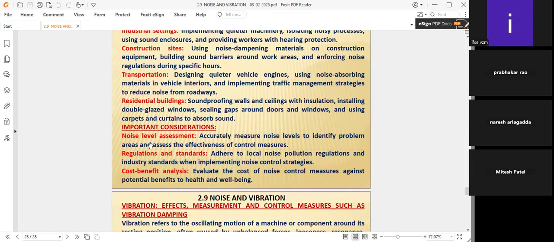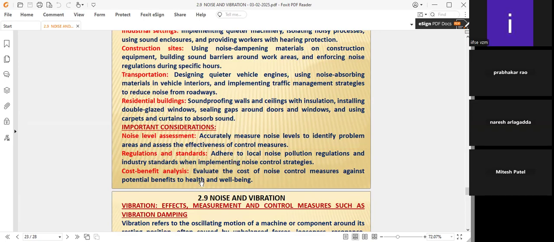Important considerations are noise level assessment, regulations and standards, and cost benefit analysis. For noise level assessment, we will use a sound level meter and a dosimeter; how far the noise levels are exposed to the employees will be known by the dosimeter. Regulations and ISO standards will be taken care of, and cost benefit will also be considered before installing any noise control mechanism.